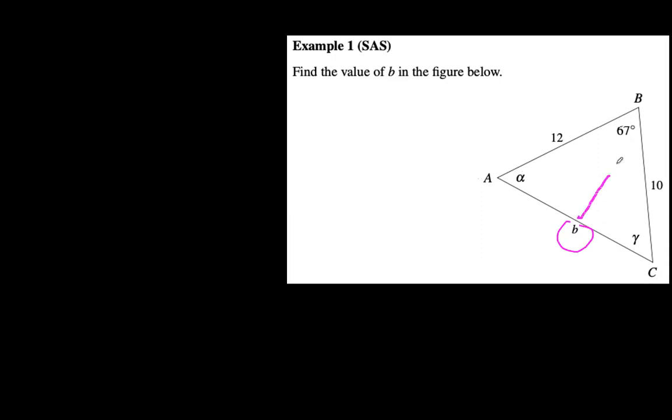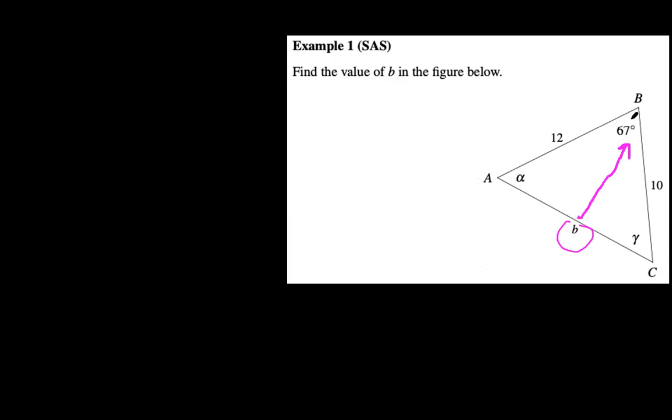What would be our clue that we can find the side B? Of course, it should be the opposite side of the known angle, which is the angle B.